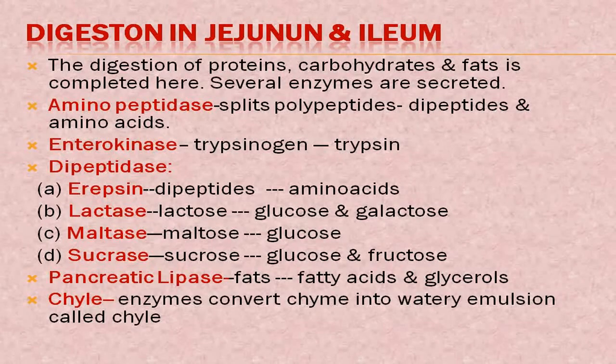And the food that comes from the stomach into the small intestine, all these enzymes, that is the enzymes of the pancreatic juice and the enzymes of the small intestine, convert chyme into a watery solution or watery emulsion that is called chyle.